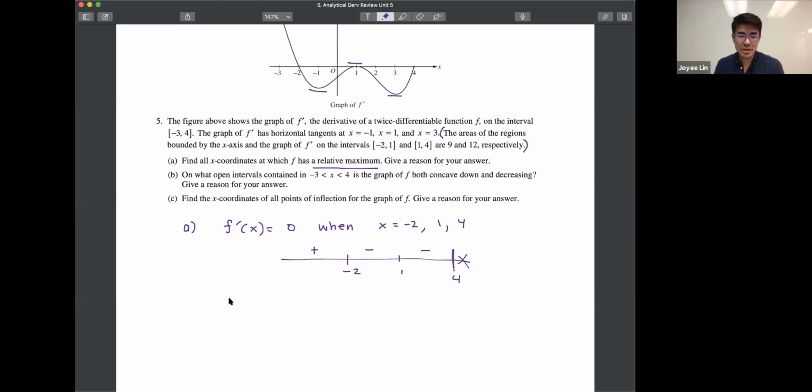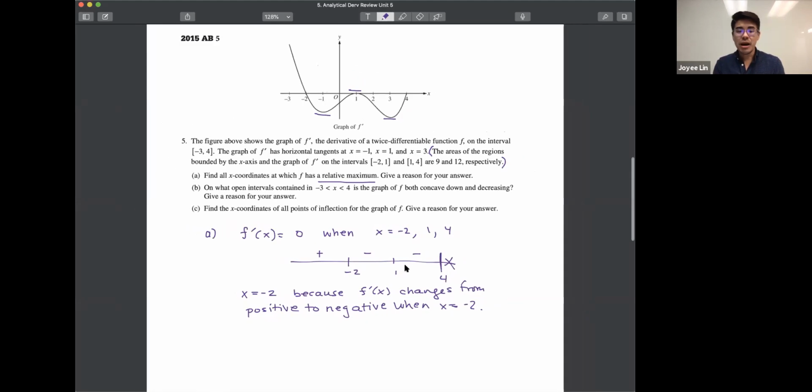So a short and concise answer would be x is equal to negative 2 because f prime of x changes from positive to negative when x is equal to -2, right? That would be sufficient to get the point there.